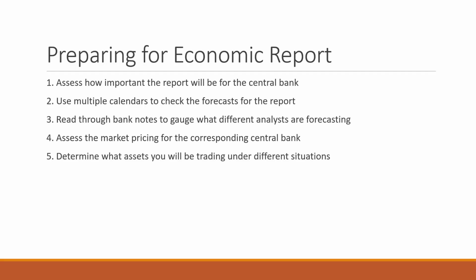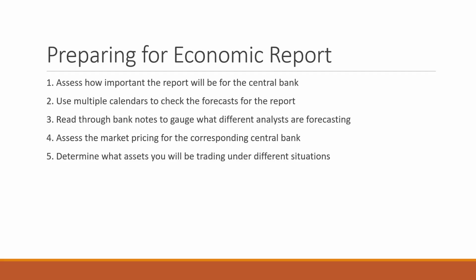You maybe want to try and get a hold of about 3-4, as many as you can, but about 3-4 is pretty good. And again, similar to what I said with step 2, you want to make sure you've made a note of this and try and gauge where these different forecasts are in relation to the median forecast on the calendars.